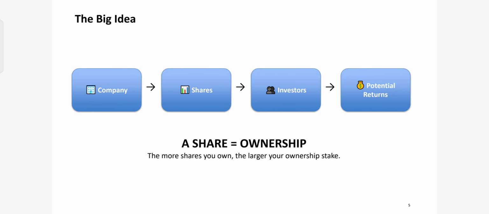So the big idea is here. We have the company. The company wants to raise capital, so it uses shares. We have the investor who invests in those shares. But before that investor buys these shares, there is one essential element called the stockbroker, who comes to bridge the gap of information.